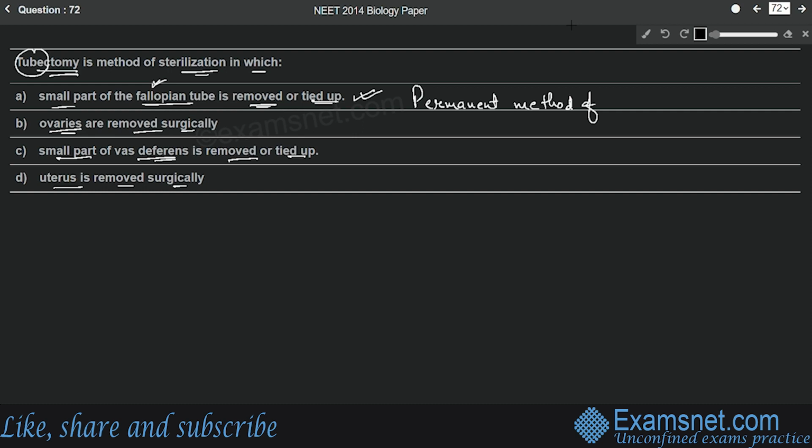If we talk about the permanent method of contraception in males, then it will be vasectomy, that is mentioned in the third option. Small part of vas deferens is removed or tied up. Okay, so according to the question, the correct answer will be option number A.